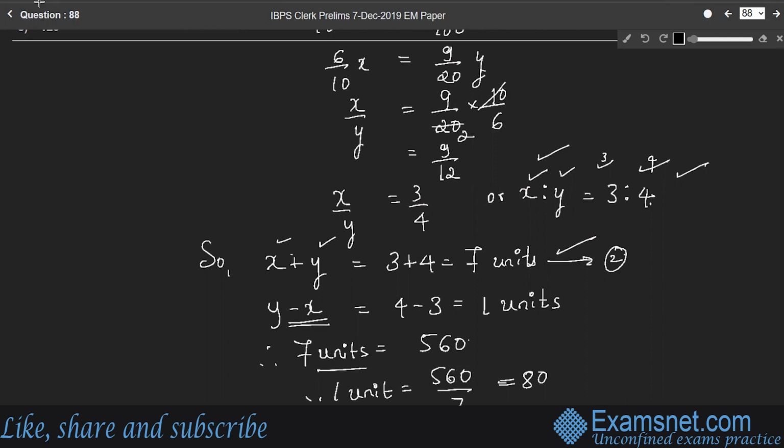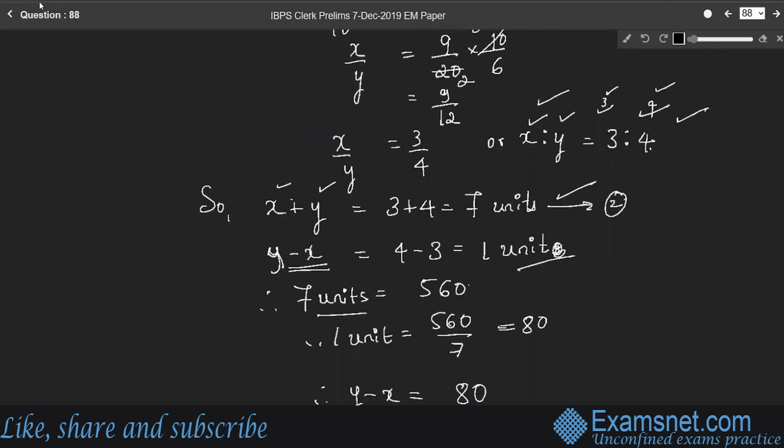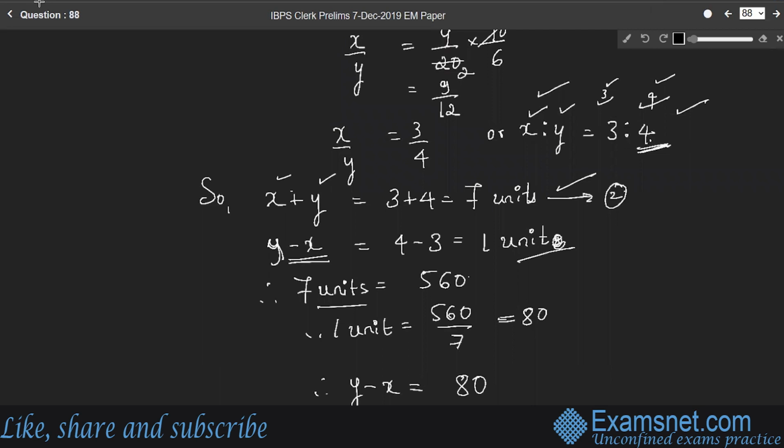So if X is 3 units, Y becomes 4 units. Therefore, their sum becomes 7 units and the difference is 1 unit. Y minus X becomes 1 unit because Y is 4 here.